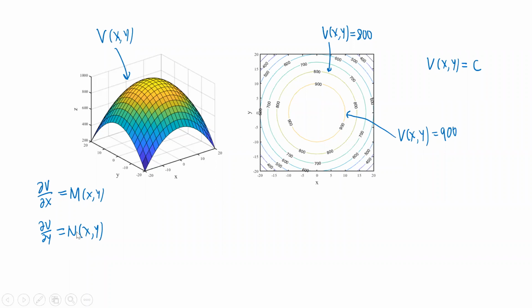This is also something you have learned, to find V itself from this big M and this big N. Remember in chapter 3, when we talked about the vector field, I gave you these two components, and then you go back and find the so-called potential function. So mathematically, this is also something that you have done.